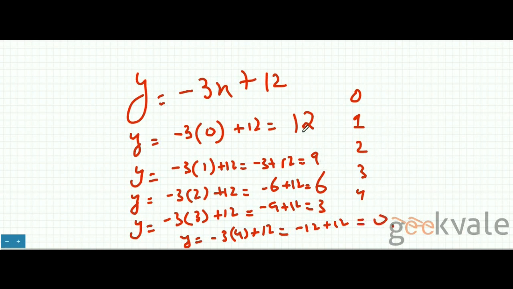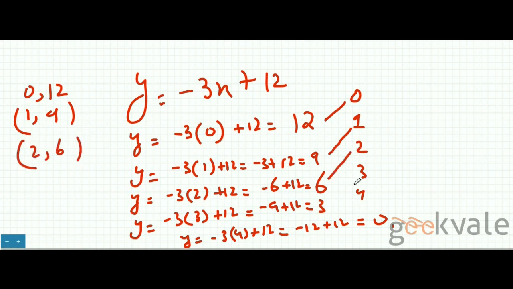So the range that you got as a result of your input, for 0 we got 12, for 1 we got 9, for 2 we got 6, for 3 we got 3, for 4 we got 0.